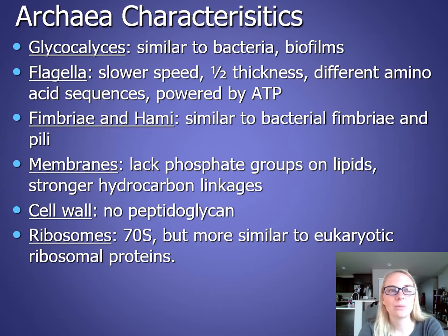eukaryotic mitochondria and chloroplasts. So the idea is, again, looking at evolutionary history, if we have a common ancestor that branched off into eukaryotic cells and prokaryotic cells, the archaea branched off here.